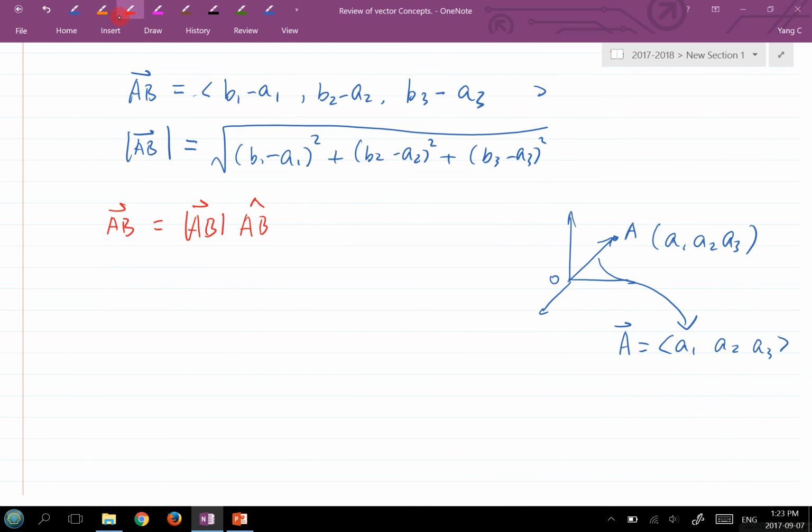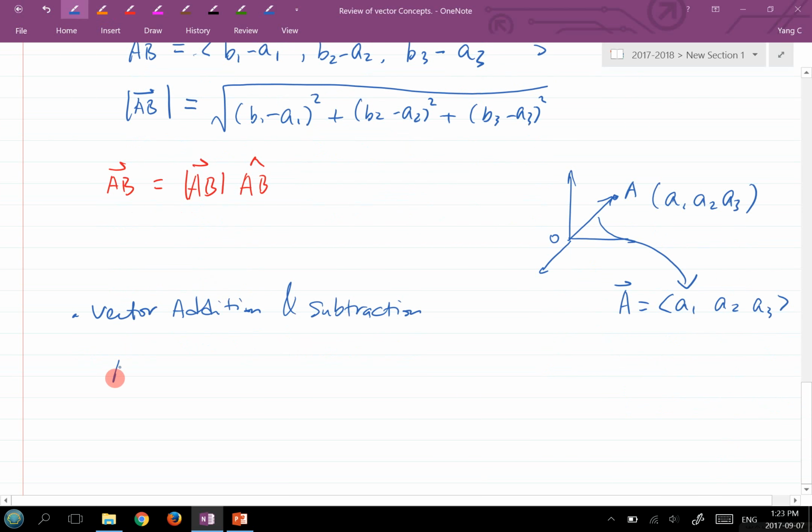Let's keep going in terms of concepts. We have some very typical concepts, for example vector addition and subtraction. This is very simple.